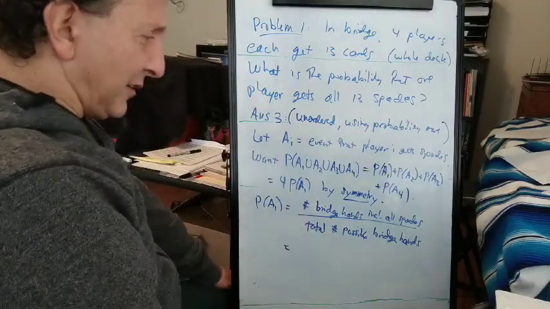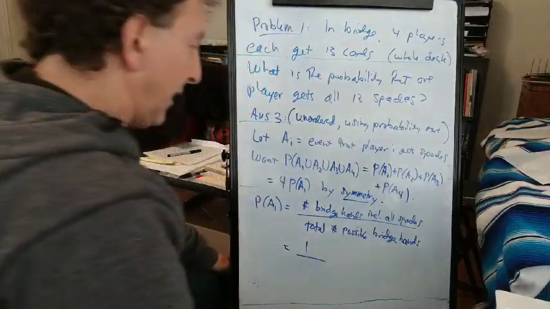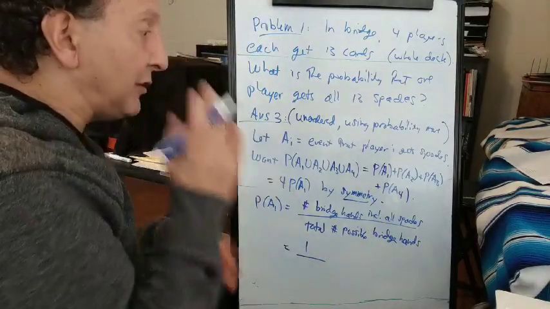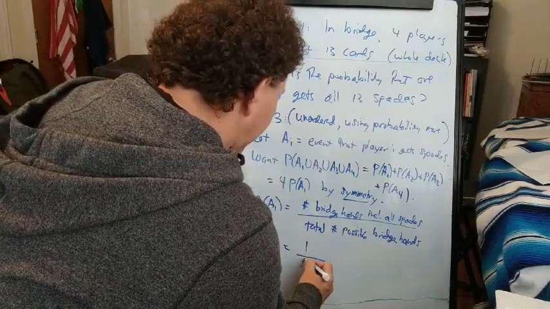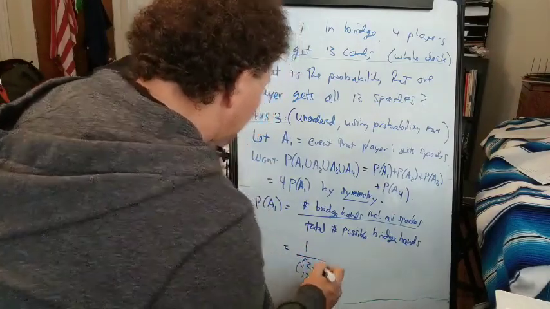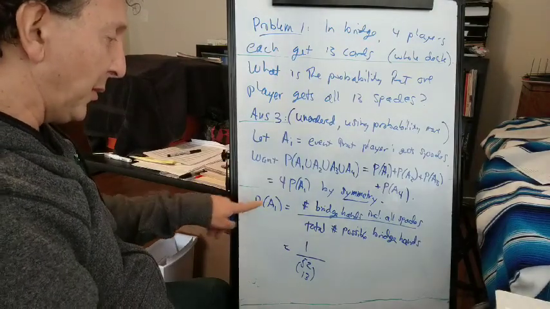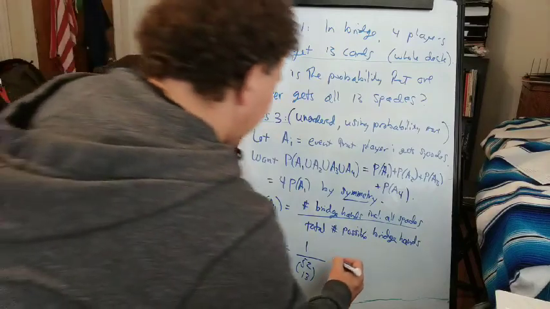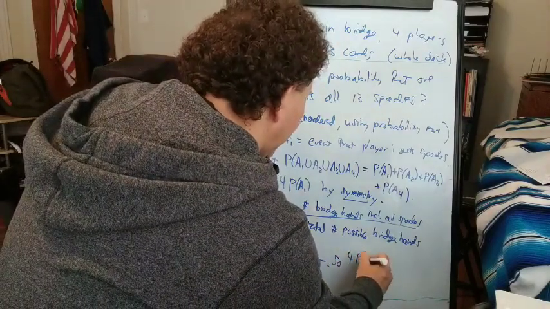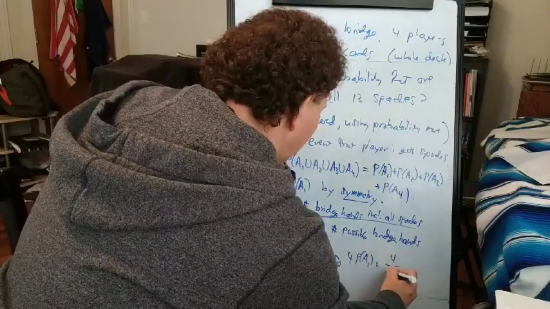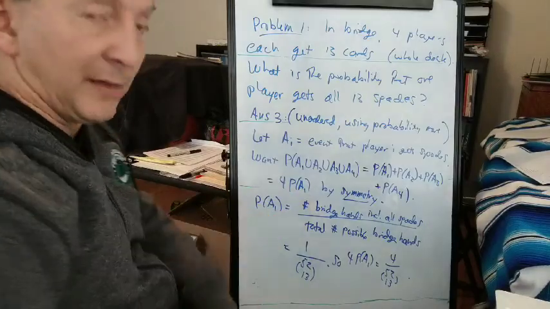So there's only one bridge hand that includes all the spades. That's the 13 spades. And the total number of bridge hands is, well, there's 52 cards in a deck. We choose 13 of them to make a bridge hand. So that's 52 choose 13. And we wanted 4 times the probability that player 1 gets all the spades. So 4 times the probability of A1 equals 4 over 52 choose 13, which is exactly what we got the other 2 times.